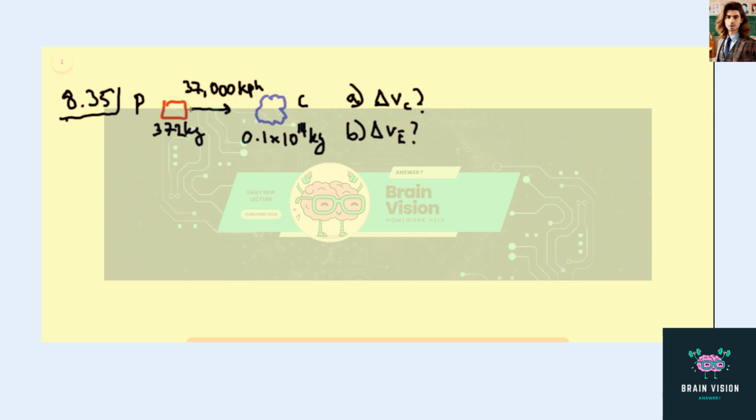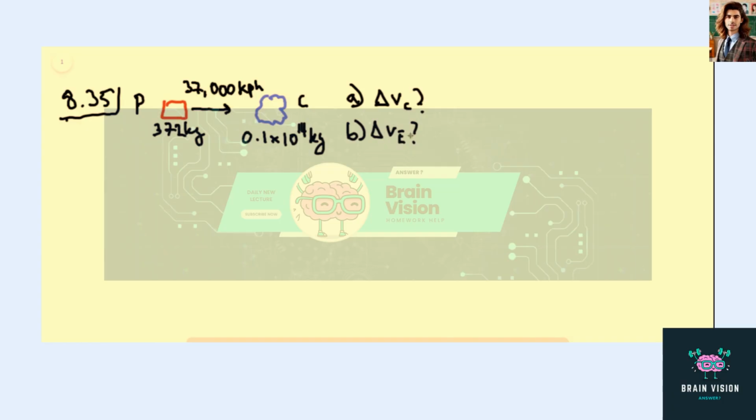And the probe, as it approached the comet, its speed right before impact was 37,000 kilometers per hour with respect to the comet. So what we want to find out is what change in speed of the comet does this produce? And if the comet were to crash into the Earth, what change in speed of the Earth would that cause?